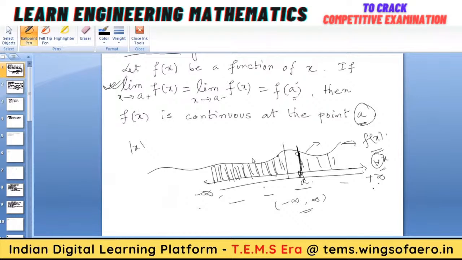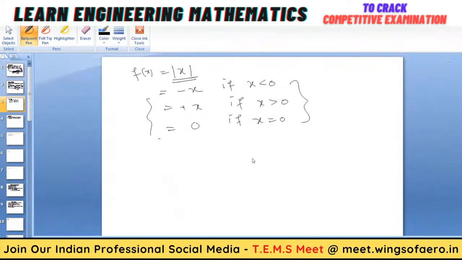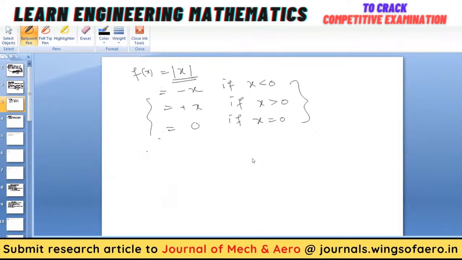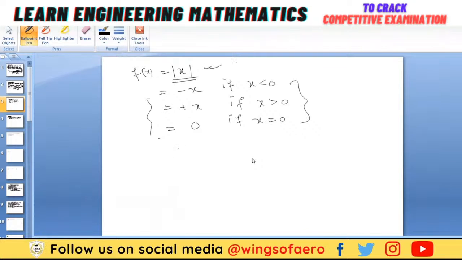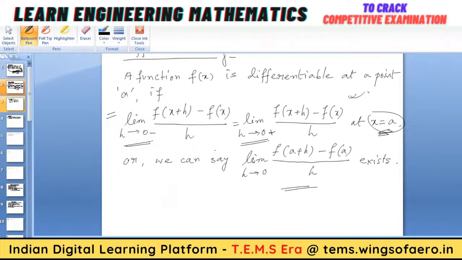But I just told that this mod x function is differentiable, but sorry, not differentiable. But why this function is not differentiable, I didn't disclose. So today I will check the differentiability of this mod x function. Okay, so let's find it out. What is the definition of differentiability? This is the definition: limit h tends to 0 plus, f(x plus h) minus f(x), by h.